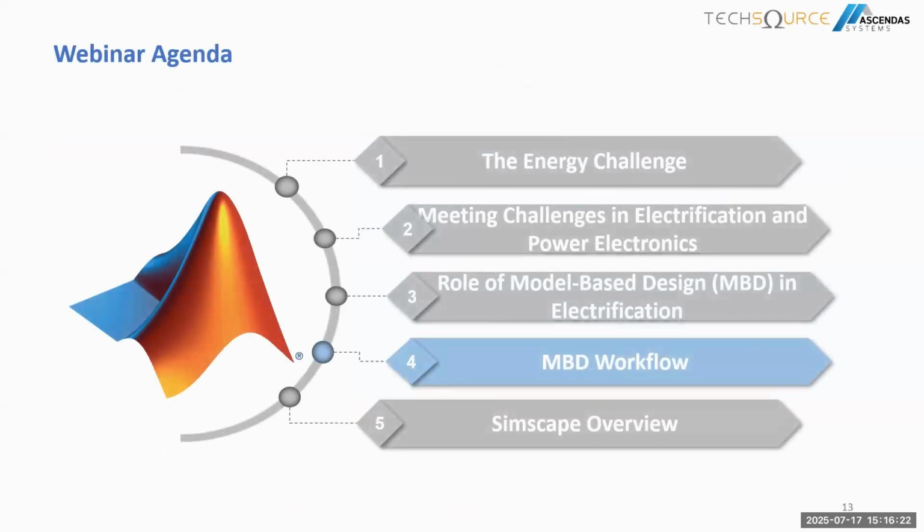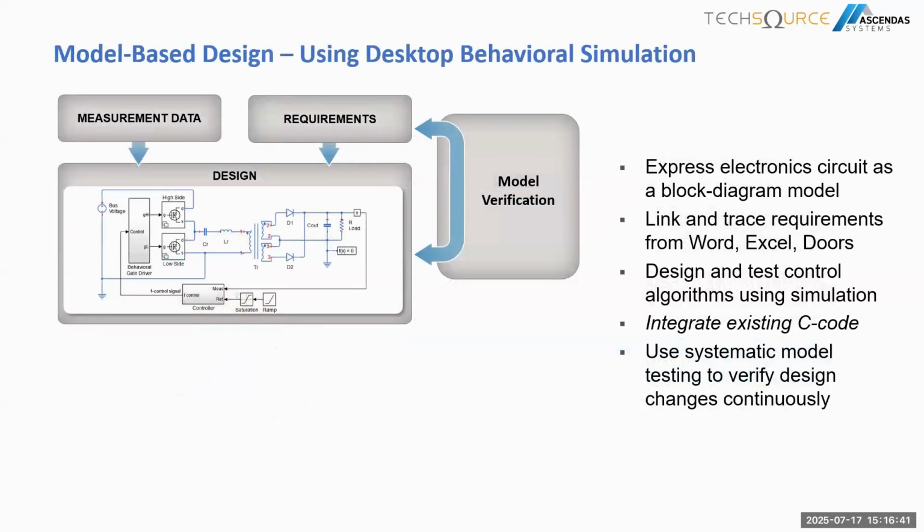All right. Let's go through a little bit of how the model-based design workflow is, and how you go from system-level design to detailed implementation and testing using MATLAB and Simulink. This is just a snapshot or an overview of how we run the simulation as it becomes an executable specification.